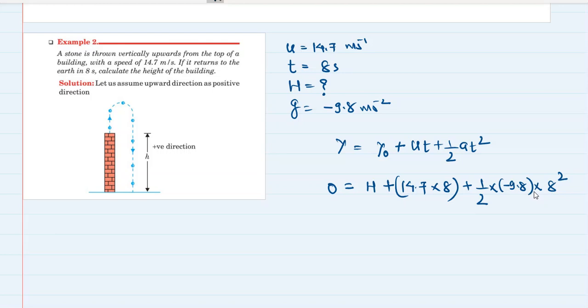So only h is remaining over here. You can simply figure this out. So 0 is equal to, you might need to do some calculation, so please help yourself. H comes to this side, this becomes minus h is equal to 14.7 multiplied by 8.